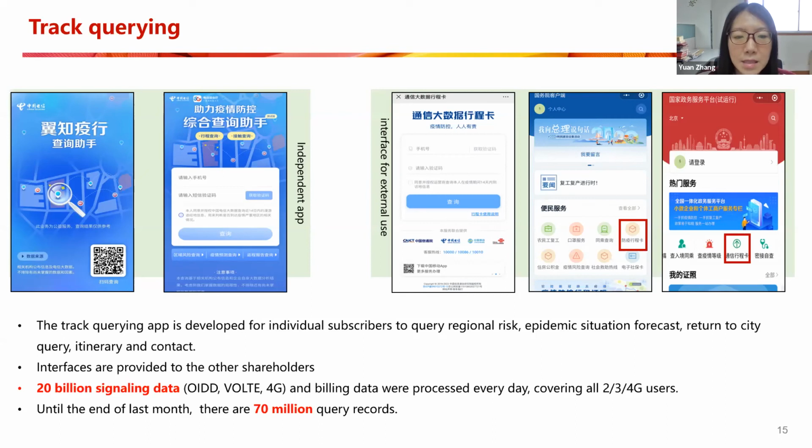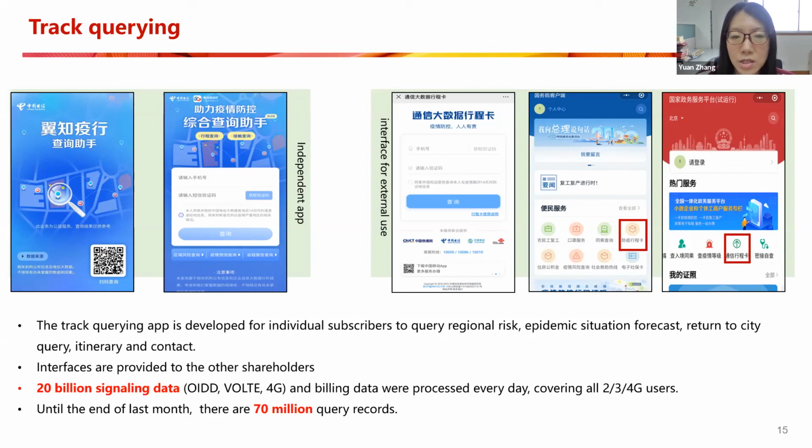On the basis of ensuring user privacy and safety, it conducts real-time perception of the flow of people in key epidemic areas with cooperation with relevant provinces, and can also provide interfaces to other stakeholders while cooperating and supporting CICT on the case tracking and modeling app.